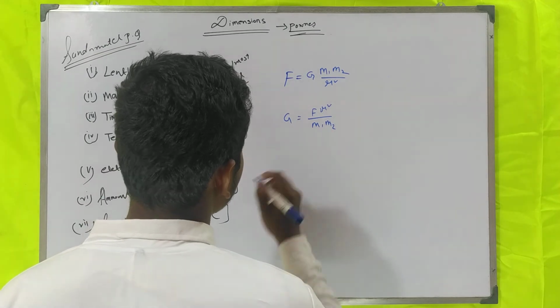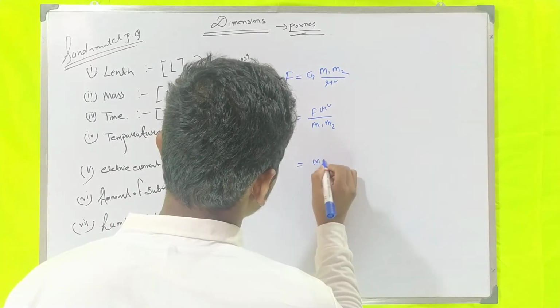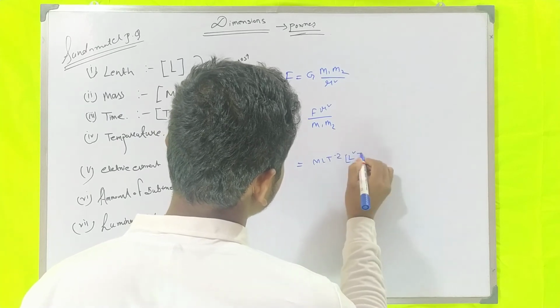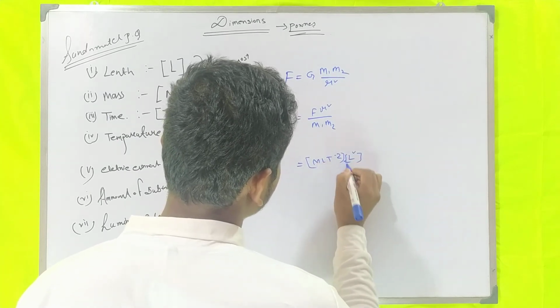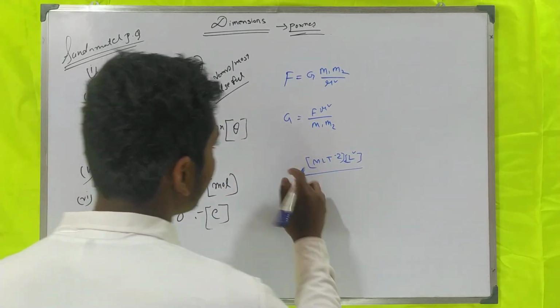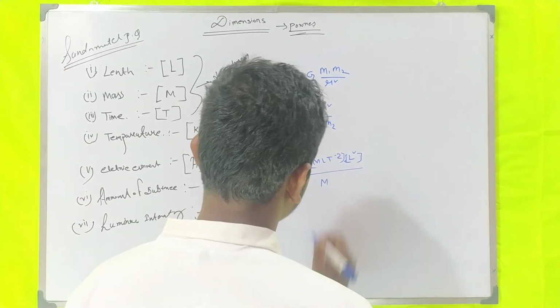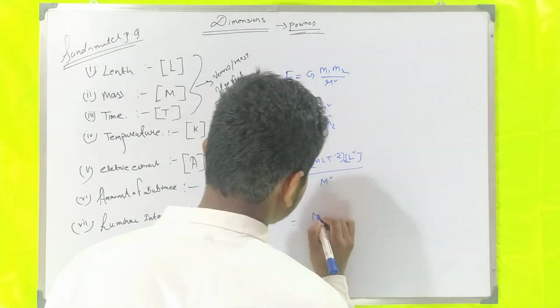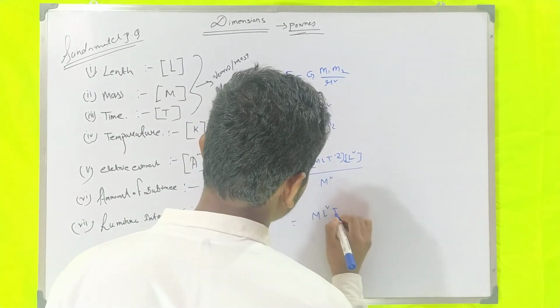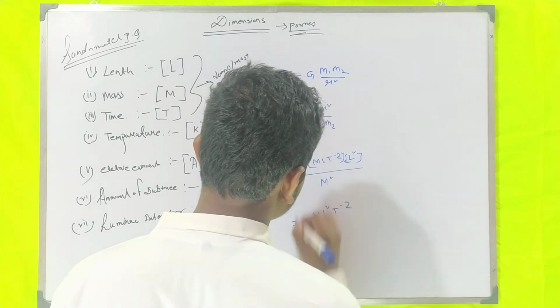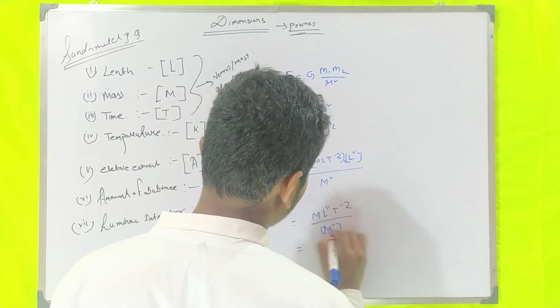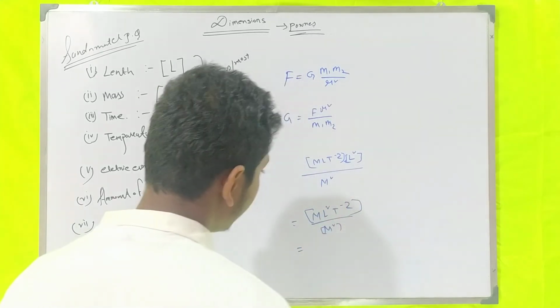So you can find force M L T^-2 into L square by m1 into m2. So we can write as M L^2 T^-2 by M square.